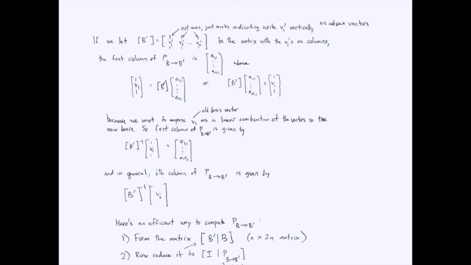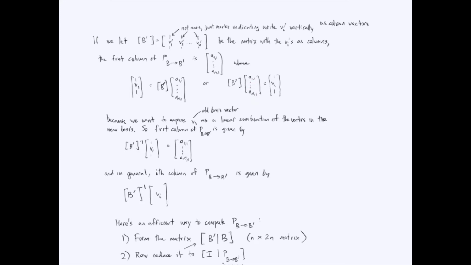And then what we were saying on the last slide is that the first column of this matrix is given by expressing v1 as a linear combination of the vectors making up B primed. And we've seen a few videos ago that that corresponds to multiplying this matrix made up of columns of the basis by the coefficients. And here I've just written it in a different way, moved the v1 over to this side. And so we're trying to solve for a11 up to an1. Here I've now indicated this extra subscript 1.